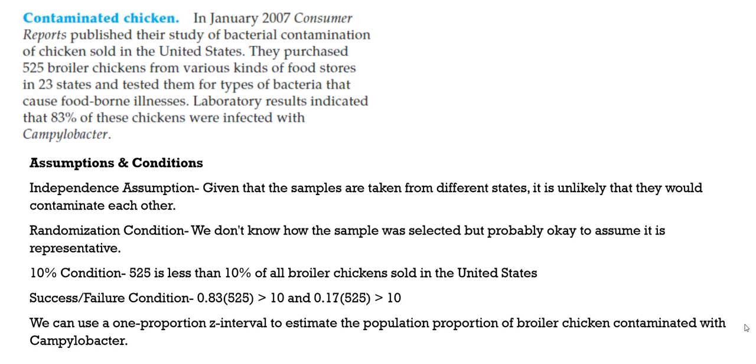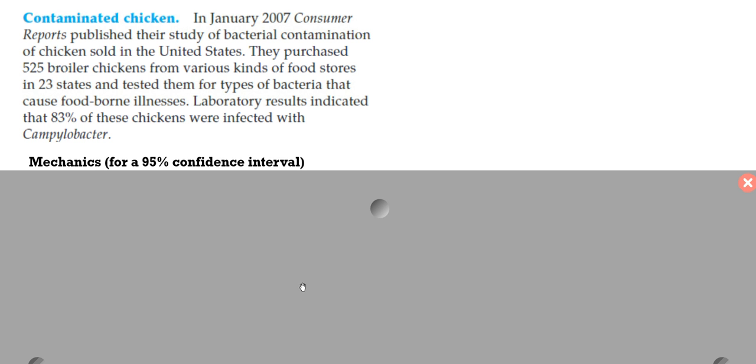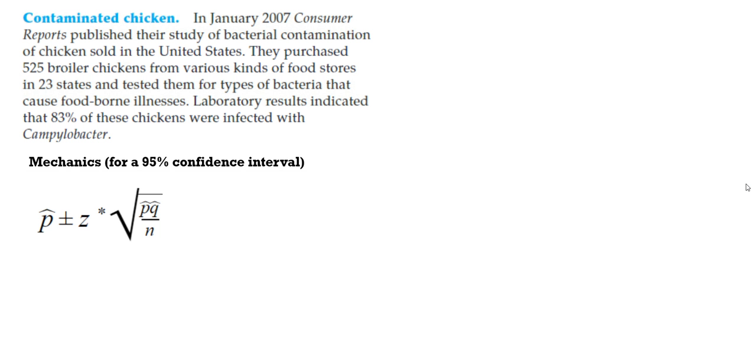Right, so we've checked our conditions. Now we move on to the mechanics. And this is how we build our confidence interval. We're going to take our sample proportion, our p hat, and that's going to serve as the center of our distribution, because when we knew the population proportion, we put that in the center of our sampling distribution.